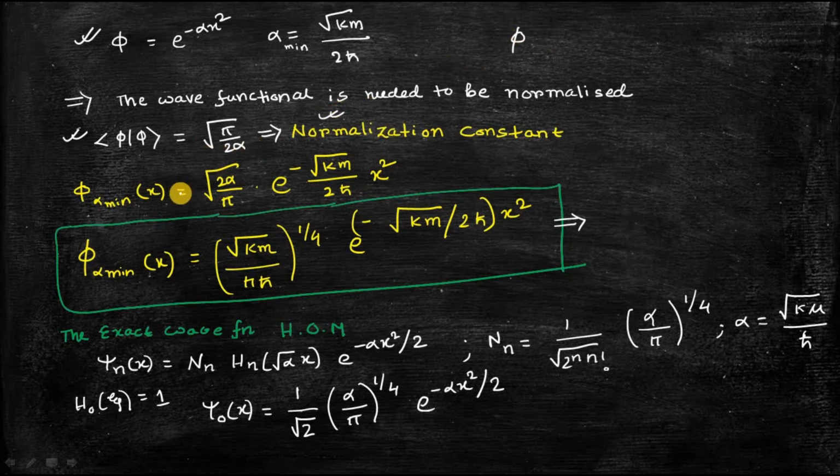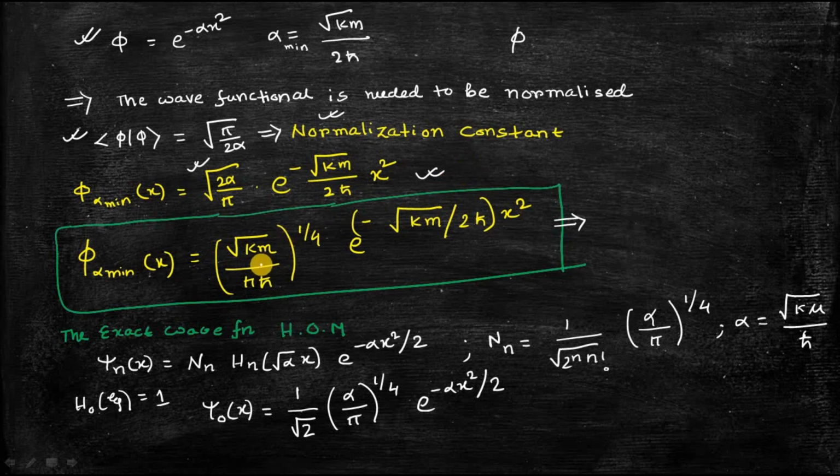So before the exponential we divide by root over of pi by 2 alpha, and the normalization constant arises into e to the power minus root over of km by 2 h cross x square. This is the trial wave function which has the minimum energy associated with it.